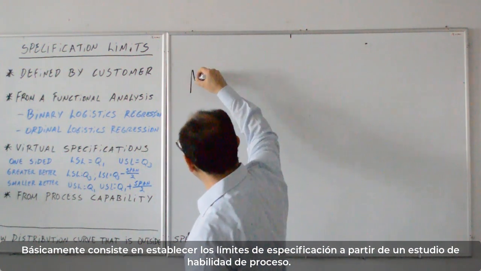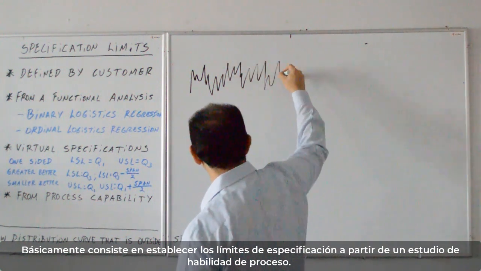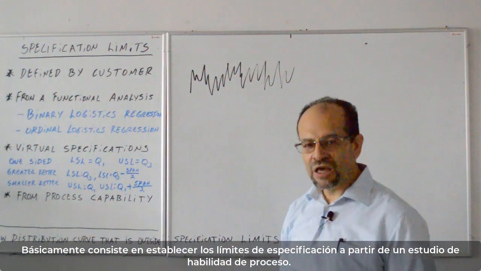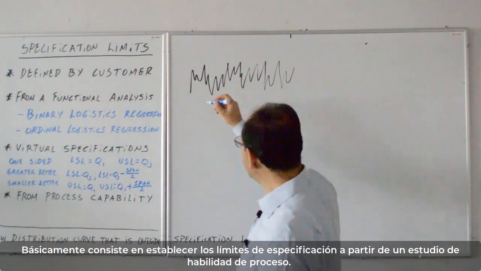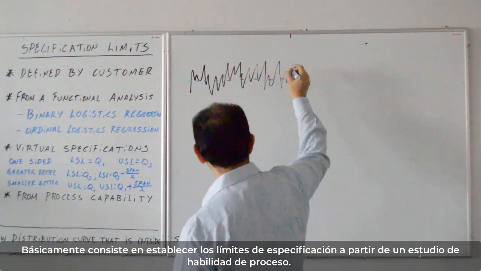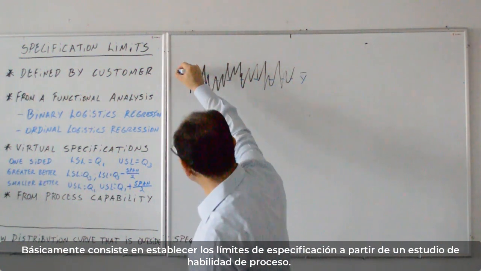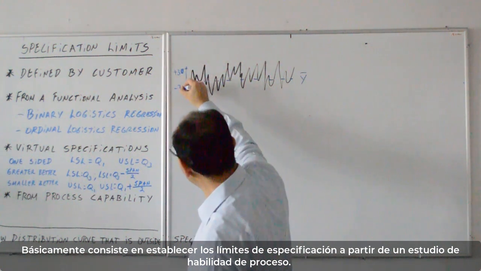So basically the concept is that we have a process, that process has variability, and that is the natural variation of the process. The natural variation of the process is given by the mean of the process, plus 3 standard deviations and minus 3 standard deviations.